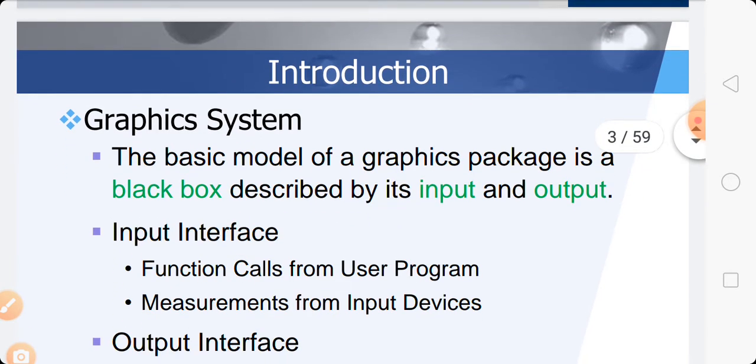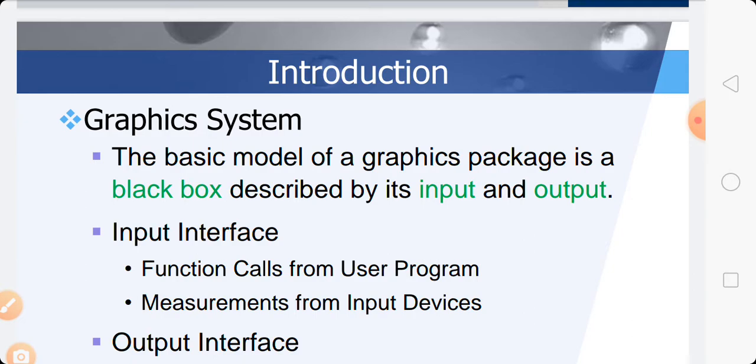The graphics system. The basic model of a graphics package is a black box described by its input and output. That means the model of a graphics package is described by its input and output. Then the second thing is the input interface: function calls from the user program.